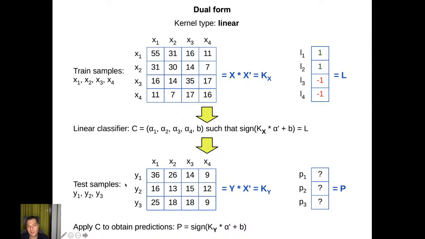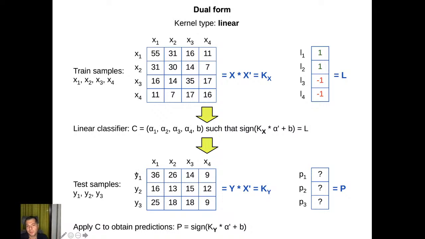This means that at test time, your kernel matrix will not be a square matrix, so it will not have the same number of rows as the number of columns, because here we have the number of test data samples.